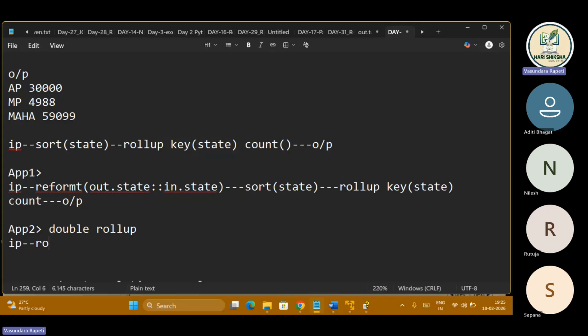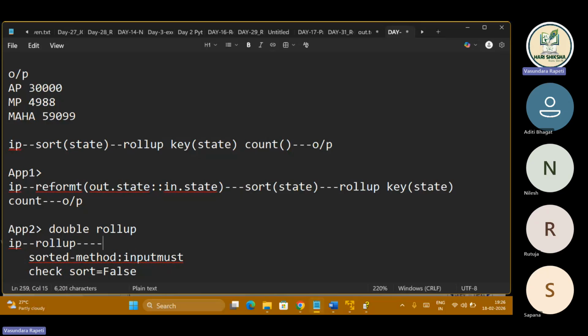First we do a roll-up with input must be sorted, although it is not sorted data. Then the graph will fail, right? So make check sort false so that the graph will not fail.